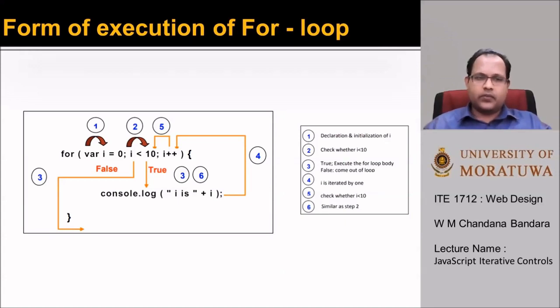In this case, we will name it as I. Usually in programming, we put I for iterators. The variable I is used as an iterator in this case to count the number of loops. So the first step is the declaration of I and initiating it to a certain value. In this case, we have initiated it to 0.